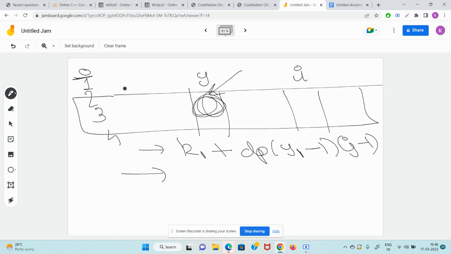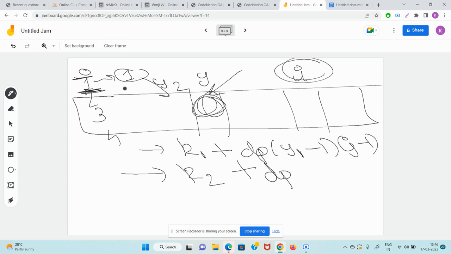Now the closest point where the first bit became 1 to this index, say it is y2. The answer will be K2 plus dp of y2 minus 1, j minus 1.